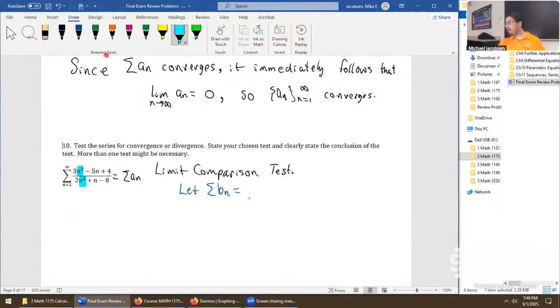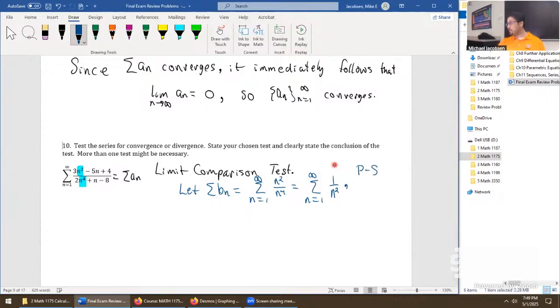Then bn is going to be defined as a sum from 1 to infinity of that n squared divided by n power 4. We need to reduce this and then test it. This is 1 over n squared, which is a great series to test, right? This is one of the fastest tests we have. It's faster than the test for divergence.